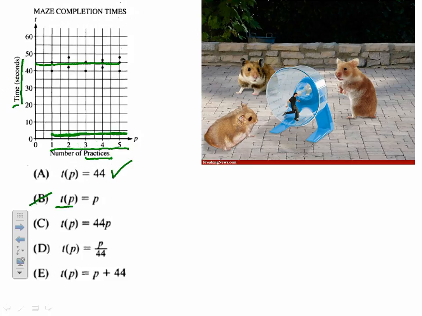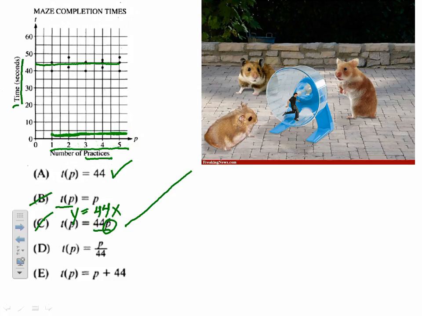And then C, this is saying that there's a consistent correlation between the time and the number of practices, so this graph would look like this, where as the number of practices increases, the time would also increase. So this is not illustrated in the graph.